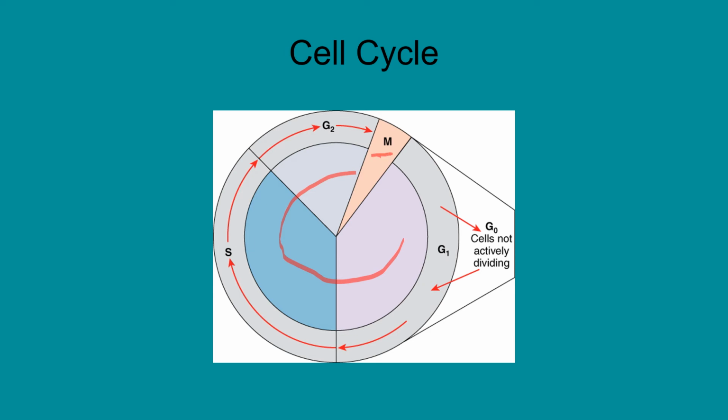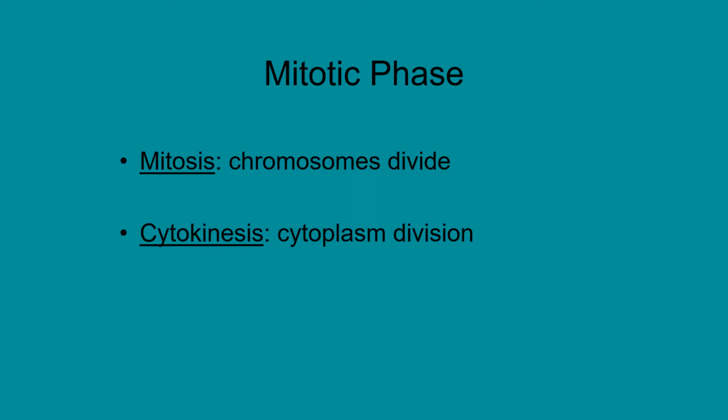So you can see how much smaller it is compared to the rest of the life cycle. That mitotic phase, or M phase, can also be subdivided into mitosis and cytokinesis. Technically speaking, mitosis is simply when the chromosomes will divide, and then cytokinesis is when the cytoplasm itself is going to divide.